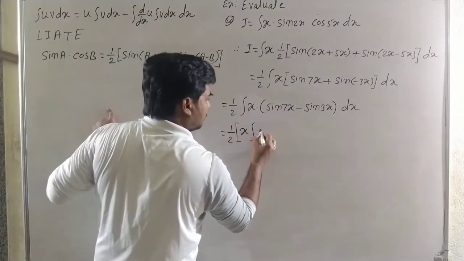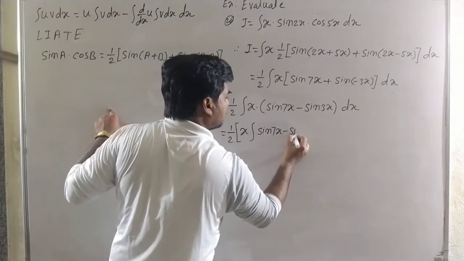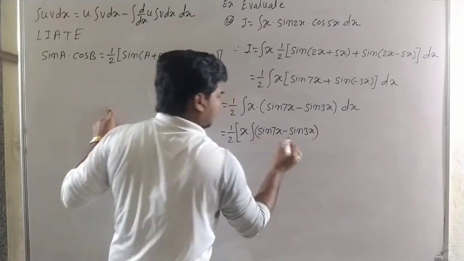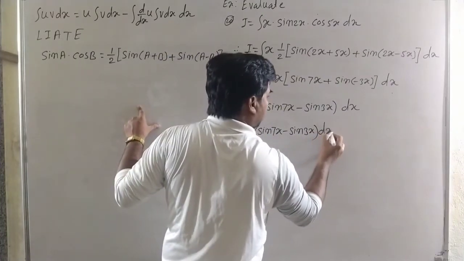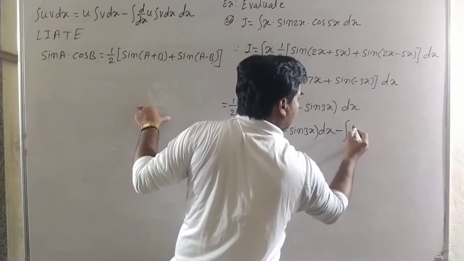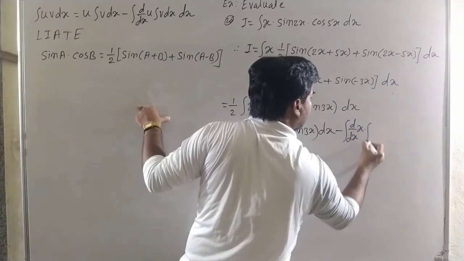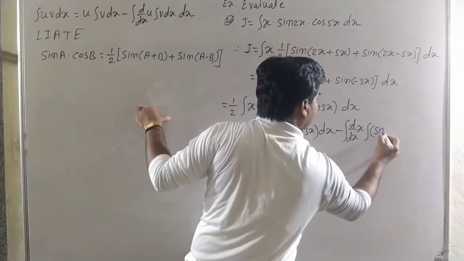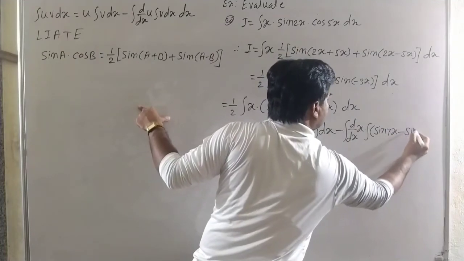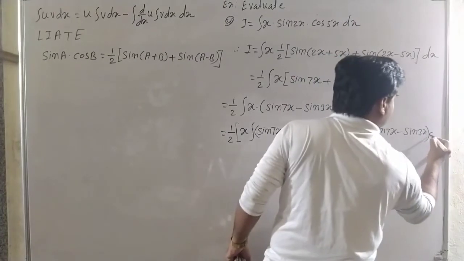into the integral of sin 7x minus sin 3x dx. It is the integral of u into the integral of v, minus the integral of the derivative of u into the integral of sin 7x minus sin 3x dx.